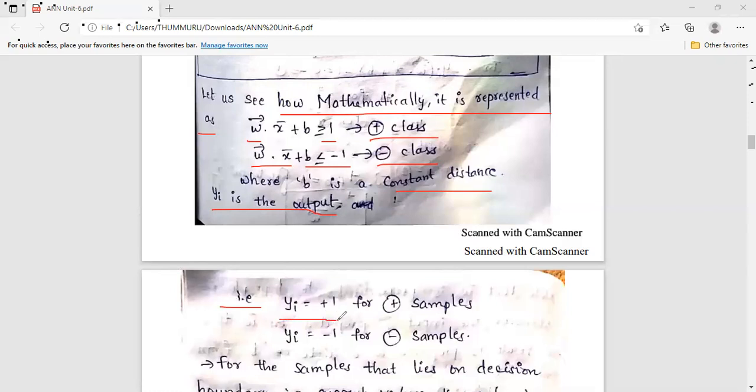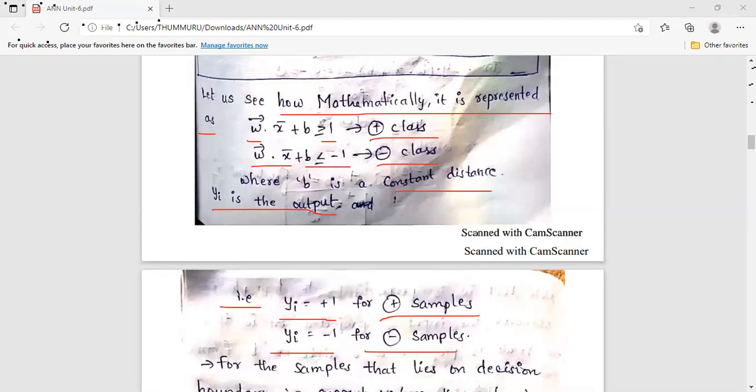If the output of that network is +1, then it would be represented as a positive sample or positive class. Otherwise, if the output value is -1, then it would be represented as a negative sample, isn't it?